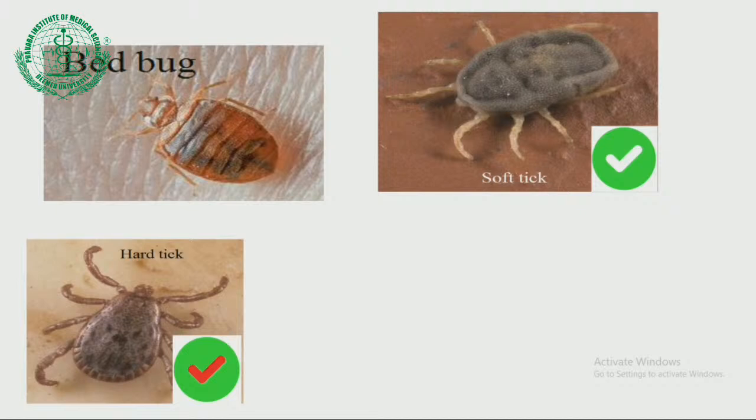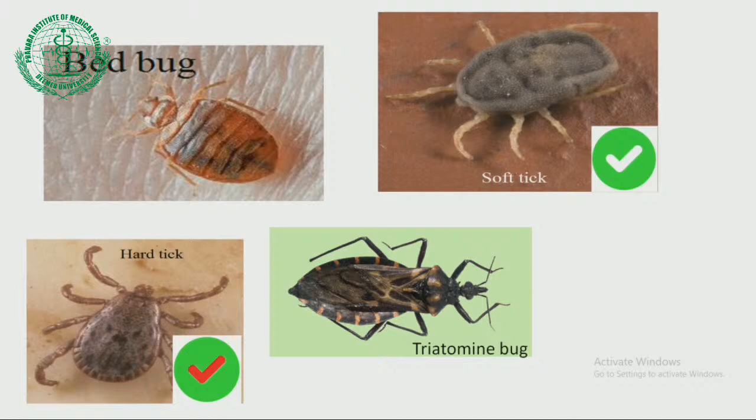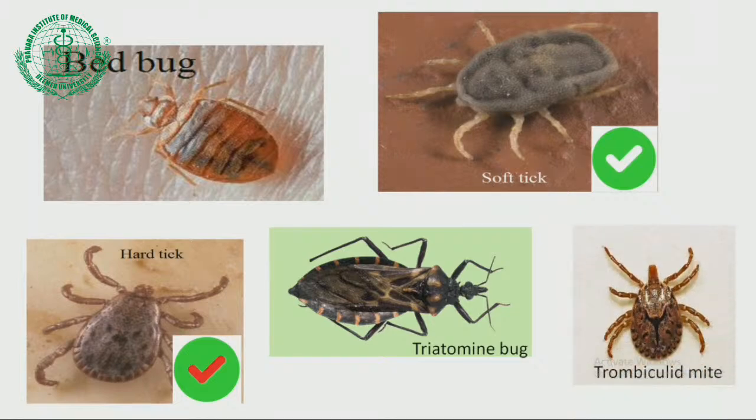The examples we will be seeing. Triatomine bug. These names you have already encountered in different sections of microbiology lectures and practicals. So you have to remember which kind of particular insect or arthropod or the vector is transmitting which kind of infection or infections. A single vector can be transmitting multiple infectious diseases also. And this is trombiculoid mite.